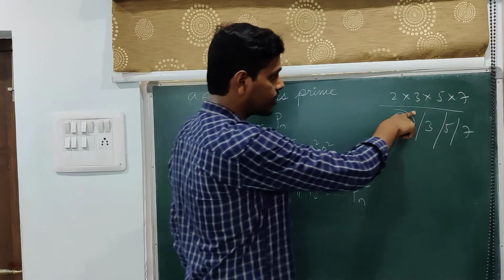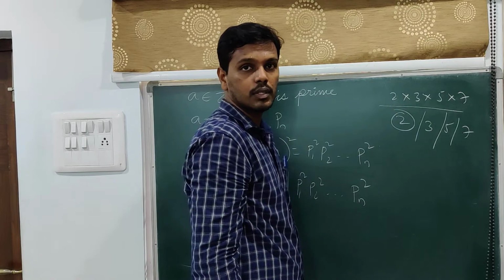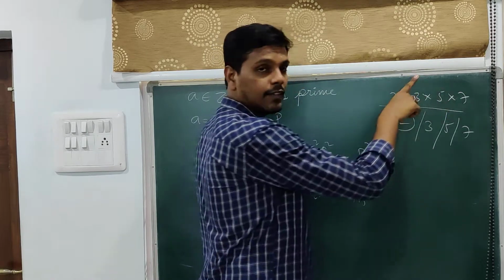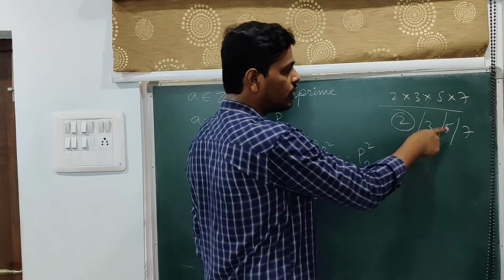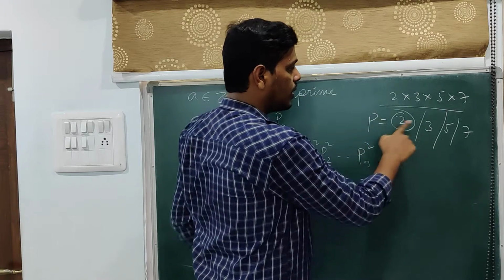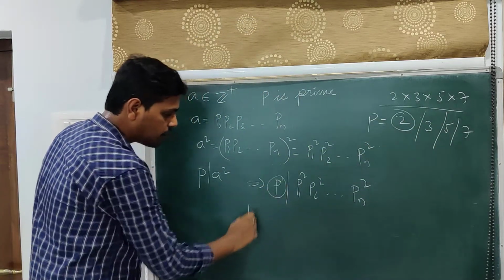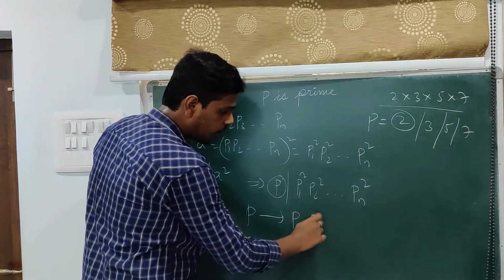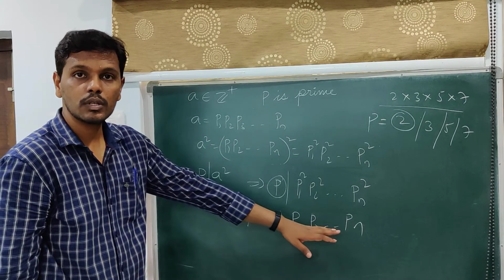Like this, 2, 3, 5, 7. This is the product of prime numbers, and if this product is divisible by a prime number, then that prime number should be either 2, 3, 5, 7, which means that this prime number P is one of 2, 3, 5, 7. Like the same, here this prime number P is one of P1, P2, and so on, Pn. So that is what I can say.